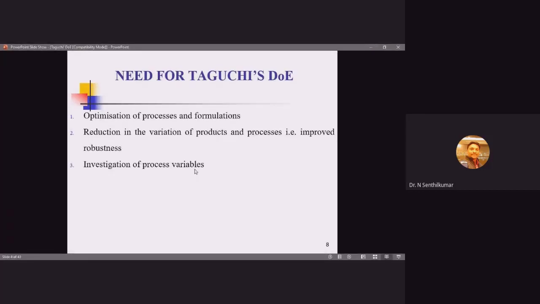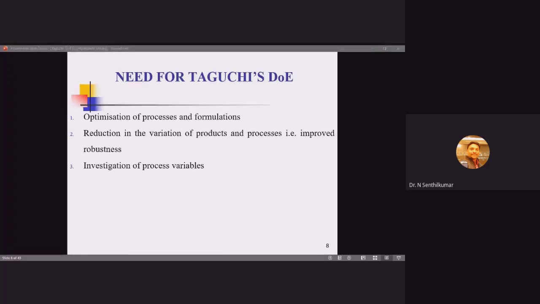Then investigation of process variables. So which variable among the selected variables is going to influence higher? That is the case. For example, I am going to consider 4 variables: cutting speed, feed rate, depth of cut, and approach angle.